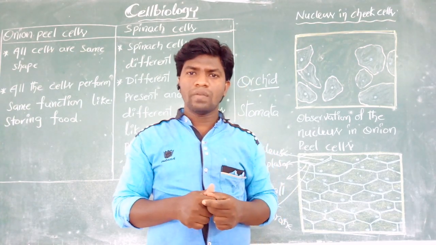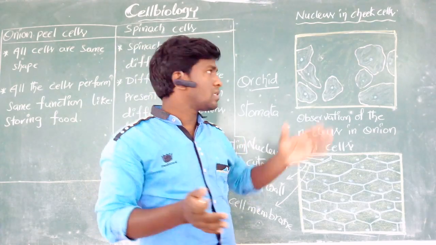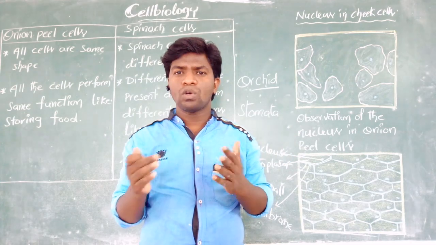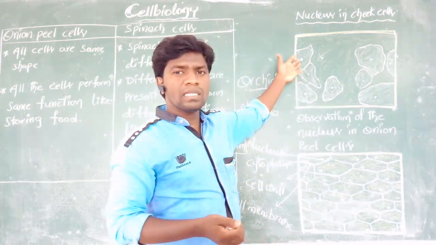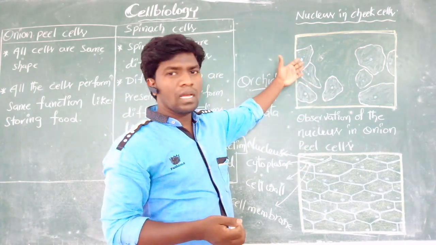The structures appear like this. Human beings are social animals, so these are animal cells. This is a plant cell, and this is an animal cell.